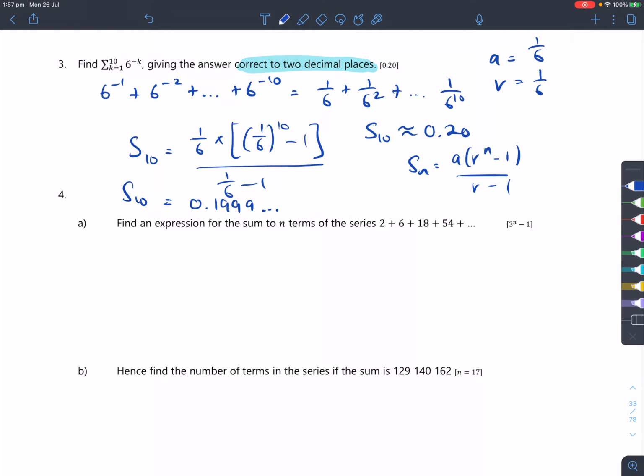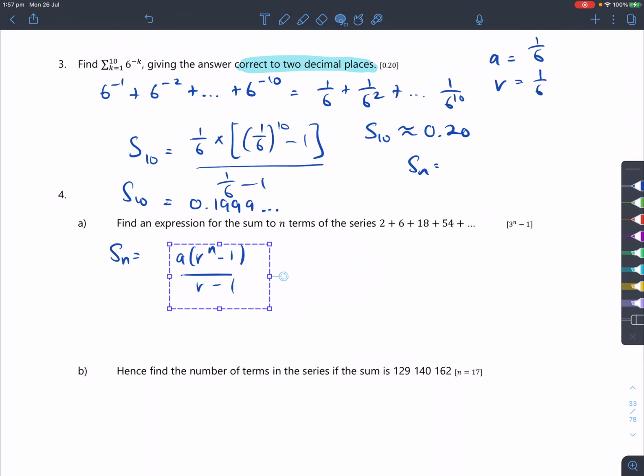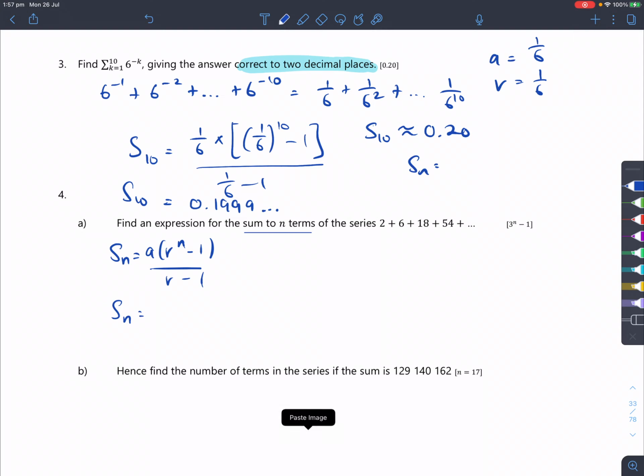Question 4a. Find an expression for the sum to n terms of the series 2, 6, 18, 54, and so forth. So, Sn would equal that formula right there. I'll just write that once. Then we're finding Sn because we don't know how many terms there are. A is 2.